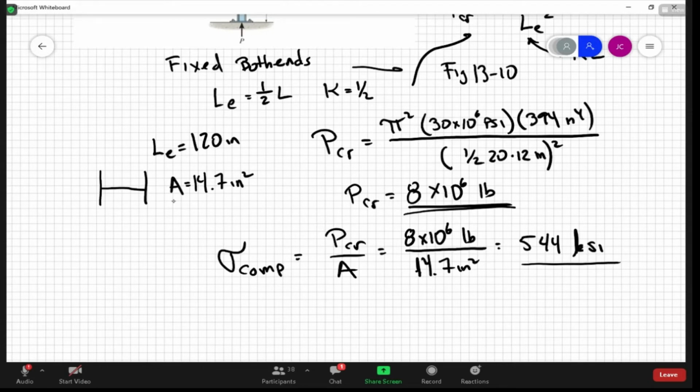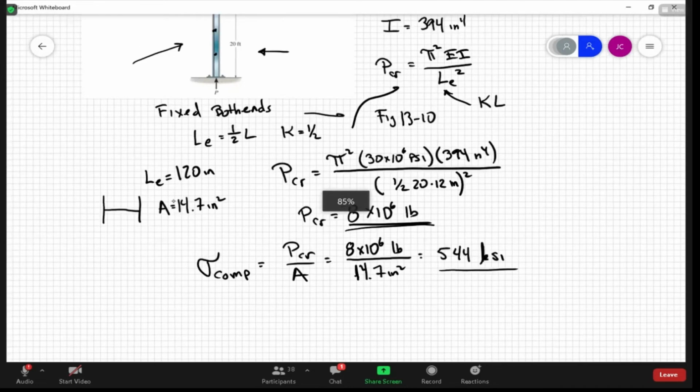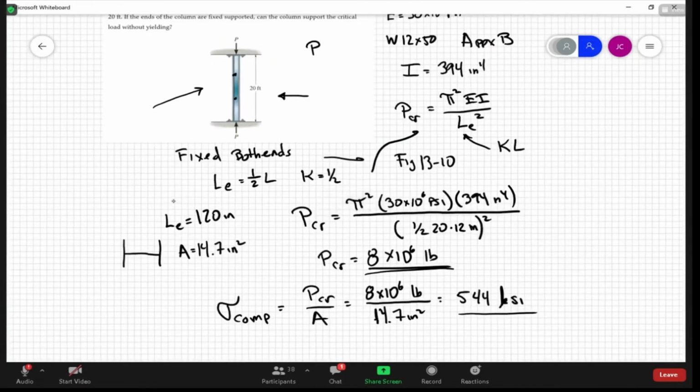Most structural steels would probably fail at that stress. So in this case, you would probably see failure due to the P over A stress before you saw failure due to buckling.